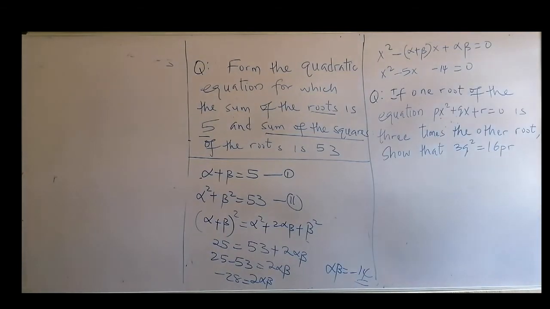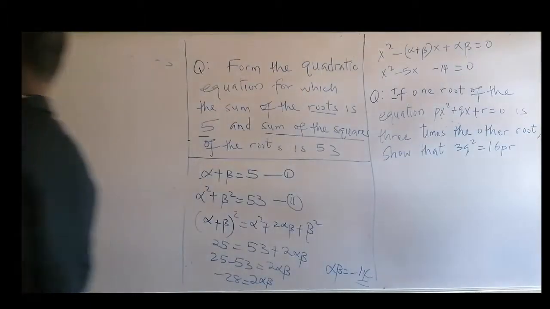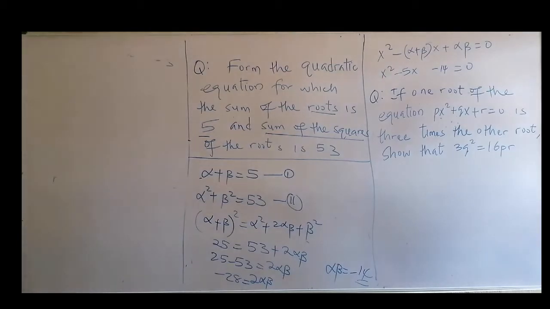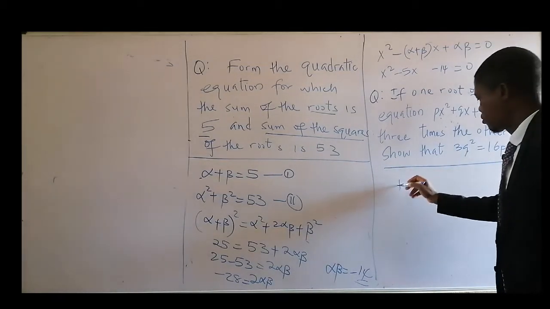So that's another question we have there. If one root of the equation is 3 times the other root, show that 3q squared equals 16pr. The solution to that is very simple. So the roots will be what?